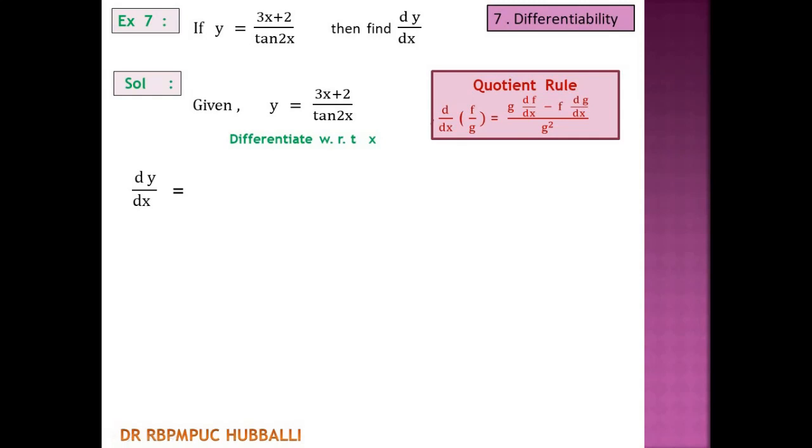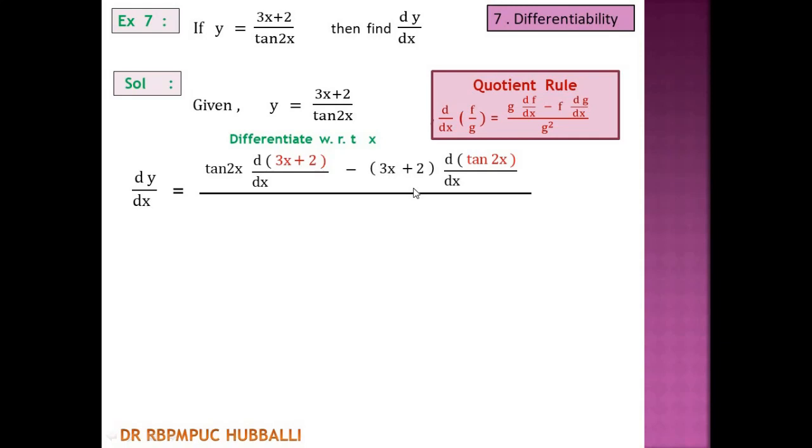Okay, I follow the first rule. According to the rule, the denominator g, tan 2x as it is, this is f the numerator. I take the derivative of 3x plus 2, I write minus, now 3x plus 2 as it is. Important, remember here to use the bracket because it is not a single term, it is an addition term, so therefore use a bracket here, and d by dx of g, it is tan 2x, whole divided by the square of the denominator, that is tan 2x whole square.